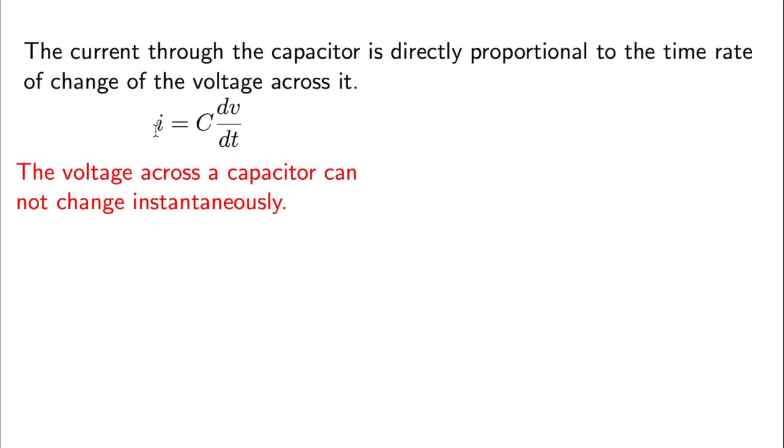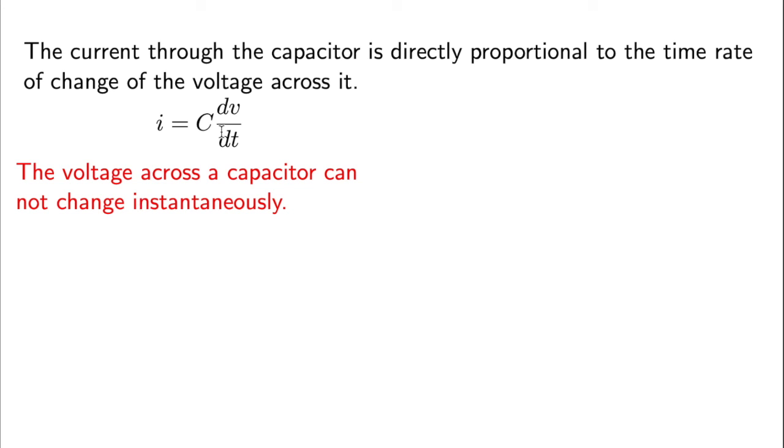It cannot, because the energy is stored in the electric field, which is directly related to the voltage. So if the change in the voltage had to be instantaneous, the energy would have to change instantaneously, which is not possible, and that's why the voltage cannot be changed instantaneously in the capacitor.